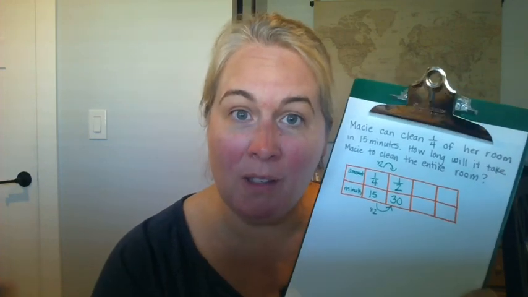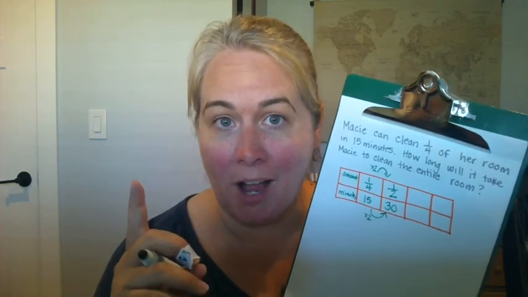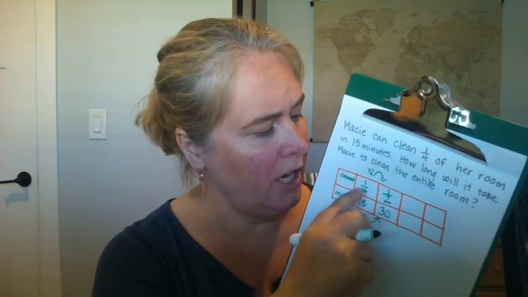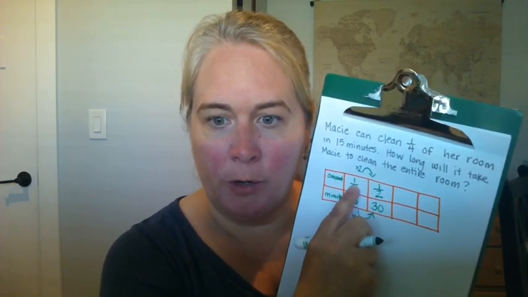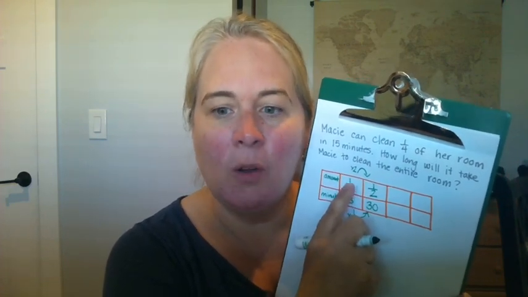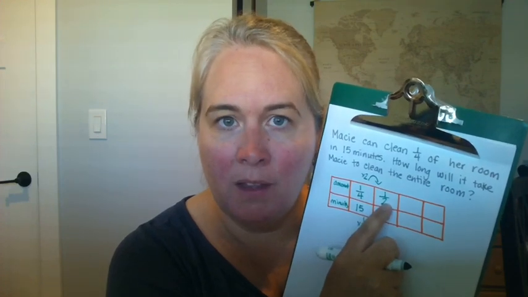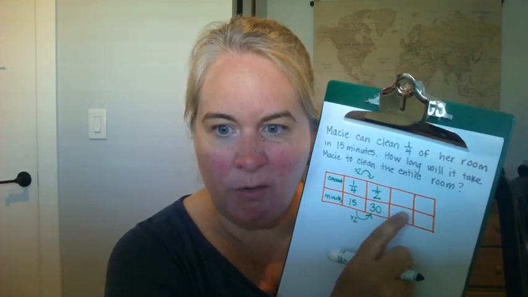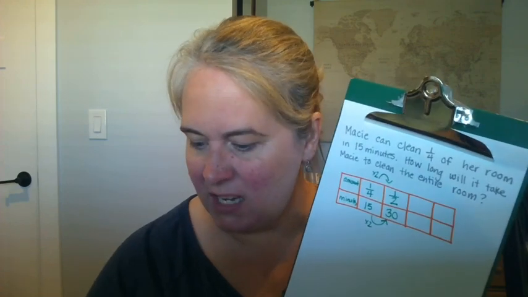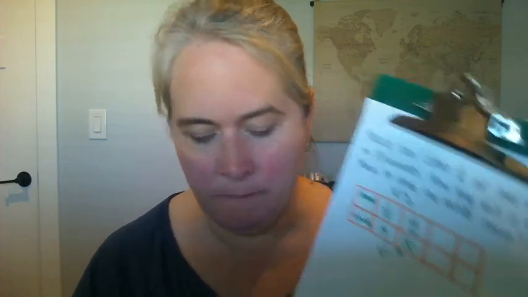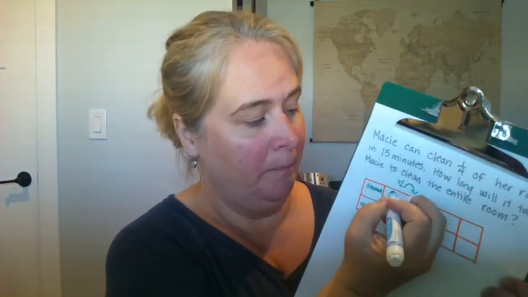Okay, but Macy still doesn't have her whole room done. I have a couple of options now. One option would be I could do 1/4 of her room plus 1/2 of her room to figure out 3/4 of her room. So let's go ahead and do that. I'm going to do that in a different color so you can kind of see what's happening.